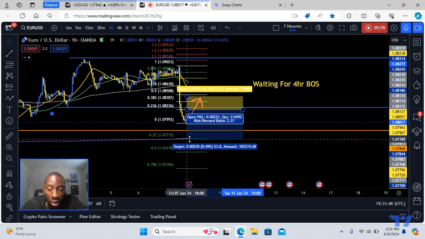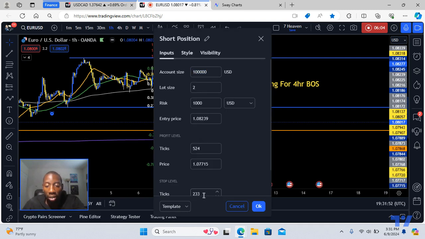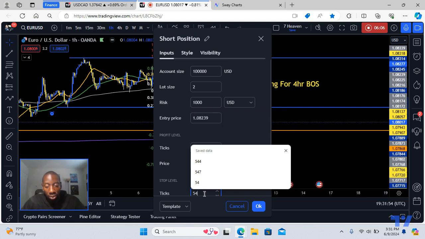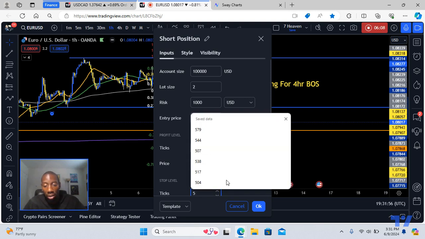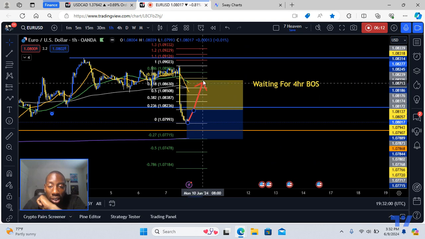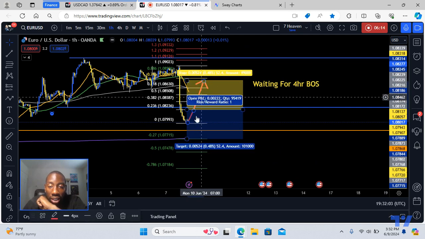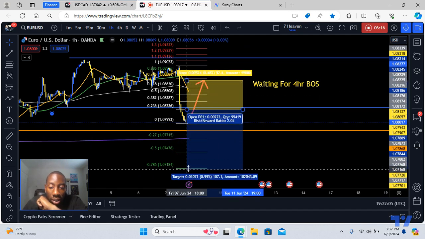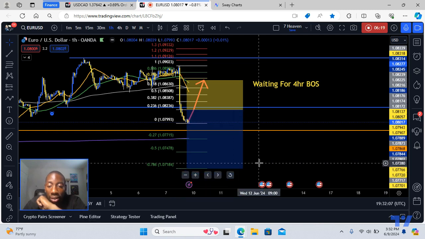I'll measure it out with this being negative 27. As long as it doesn't go higher than this point right here, then we're good to be in this trade.